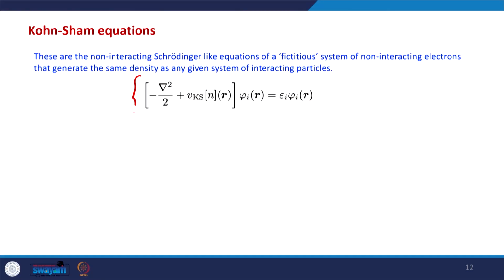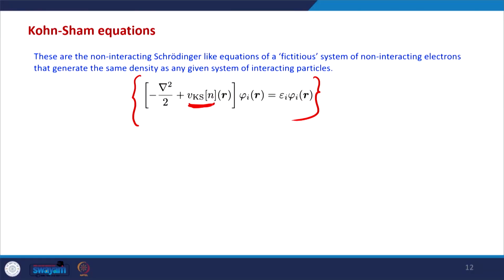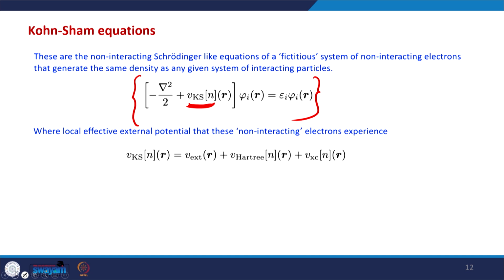The interacting electrons, by using the Hartree potential, can be considered to be non-interacting, and we can write down the Schrodinger equation for this fictitious non-interacting system, which is an approximation of the interacting system. But now the potential is modified by the Kohn-Sham potential, which is essentially the sum of the external potential, which is the electron-nuclear interaction, the Hartree potential, which is the effective potential arising out of electron-electron interaction, plus this exchange correlation term.